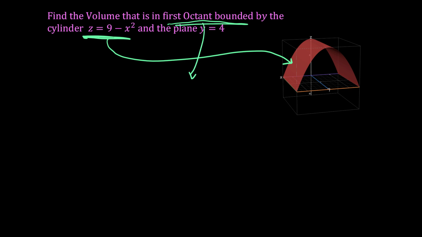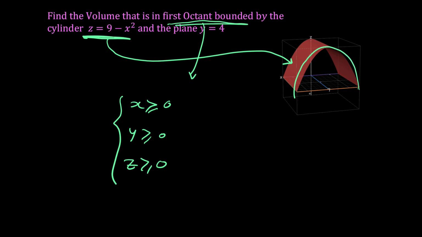The first octant is x positive, y positive, z positive. It's like the first quadrant, but the first octant is the octant where x, y, and z are all positive. So we want to find the volume that lies below this surface, in the first octant.